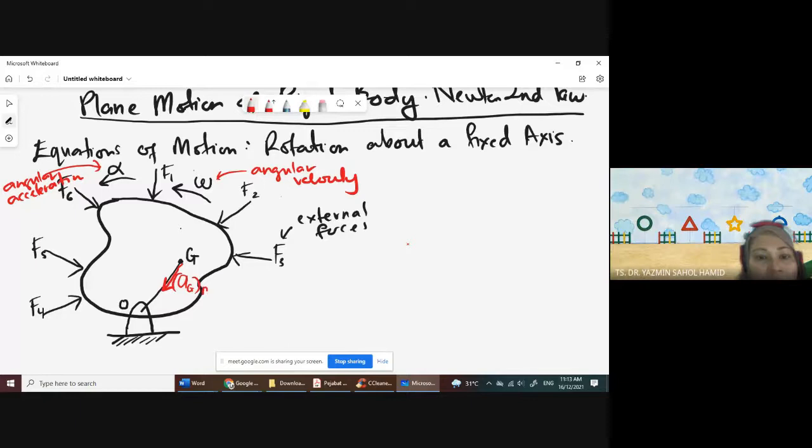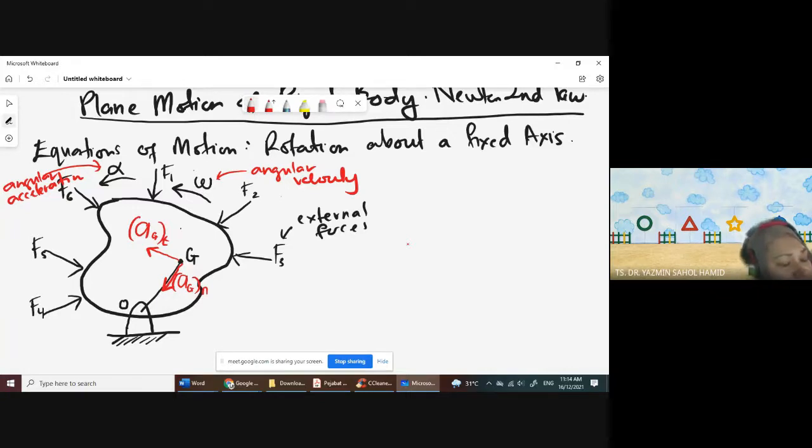AGT, because the normal component usually is directed toward the center point O, and AGT must be in the direction of alpha, the direction of the motion.